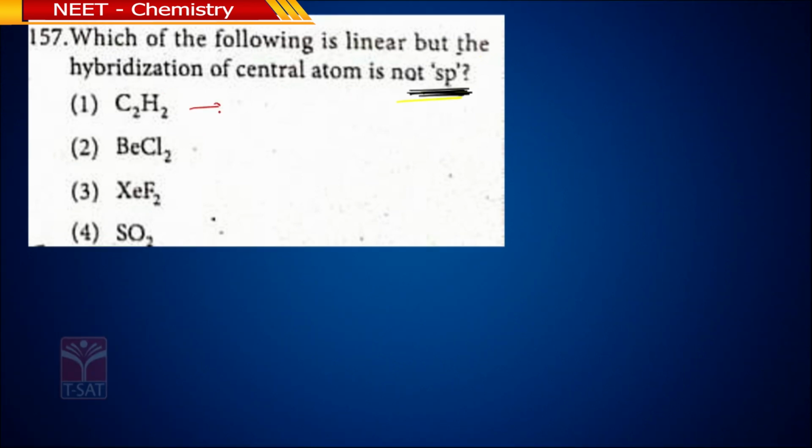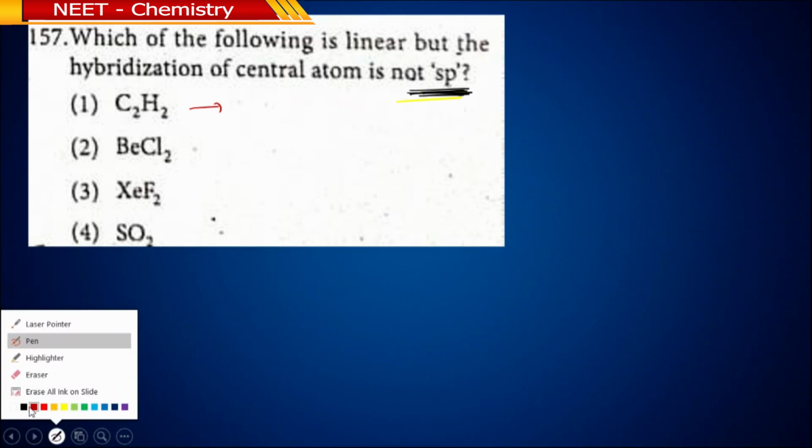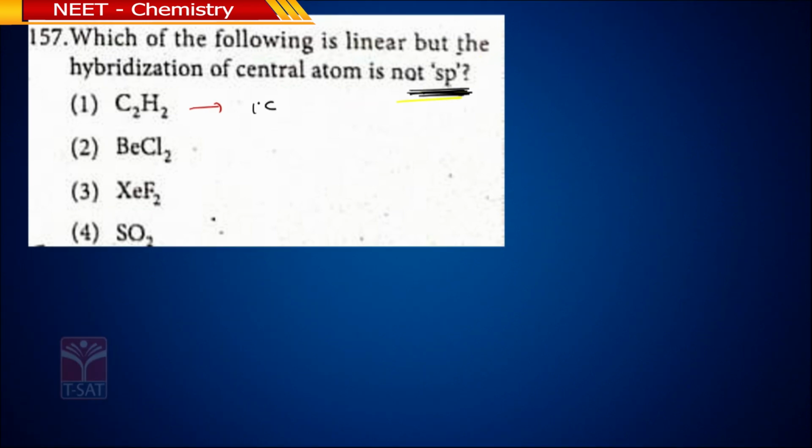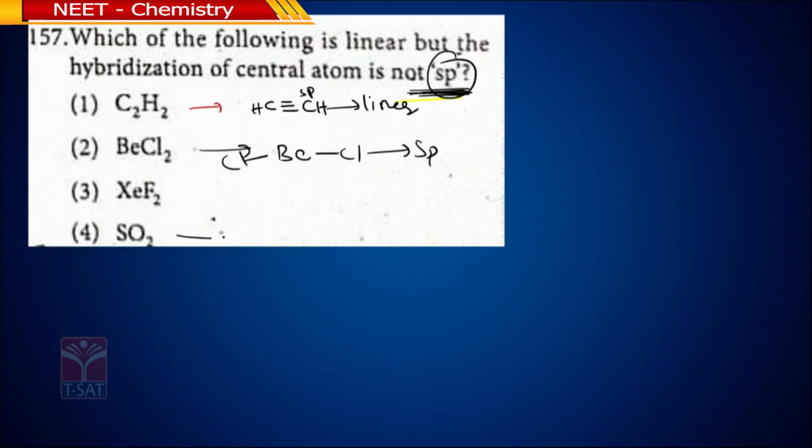C2H2, the carbon is sp hybridized, so it is linear and sp, but we should not have sp. BeCl2 is linear only, but this is also sp. SO2 is also sp with a bent shape. It is not linear even.